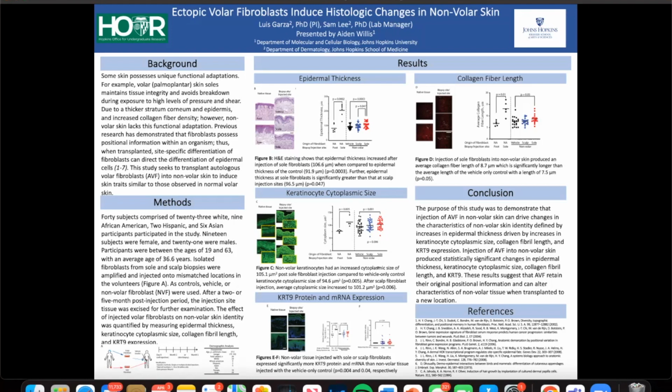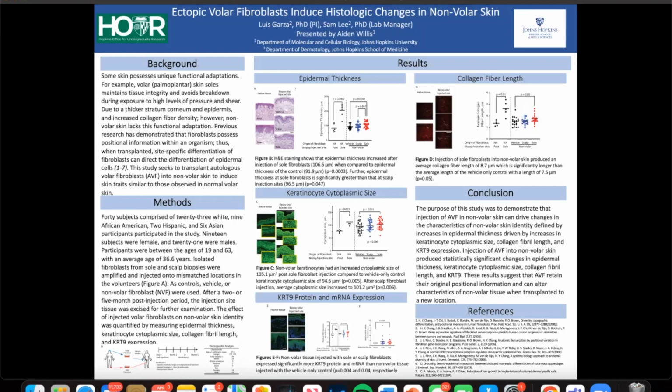So in conclusion, the purpose of the study was to demonstrate that injection of autologous volar fibroblasts in non-volar skin can drive changes in the characteristics of the non-volar skin, defined by increases in epidermal thickness, keratinocyte cytoplasmic size, collagen fibril length, and keratin 9 expression.